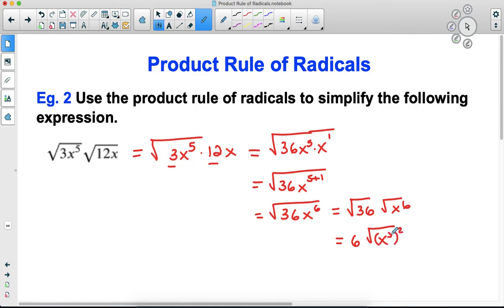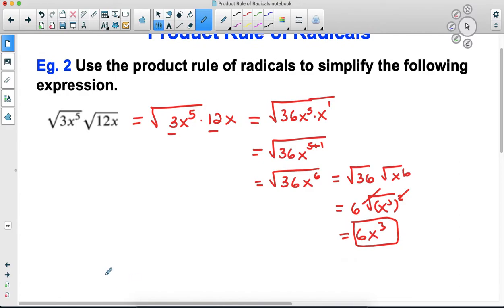Now notice 3 times 2 gives you the power of 6, so these are equivalent. And now we can actually cancel the square root with the square. So this turns out to just be 6x cubed. So we can say as a conclusion here that the product of the square root of 3x to the 5th and the square root of 12x is equal to simply 6x cubed.